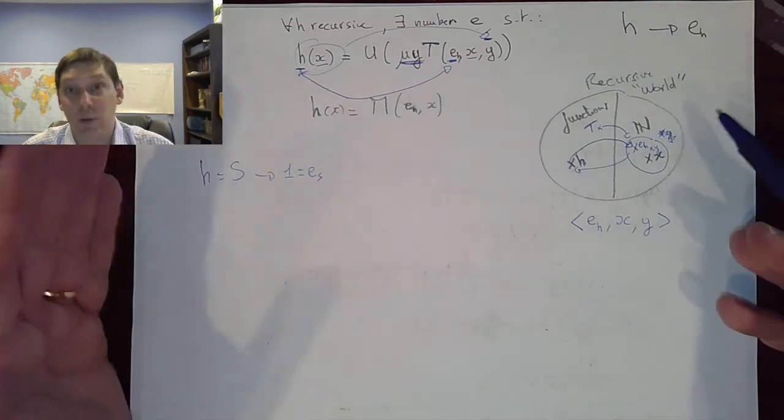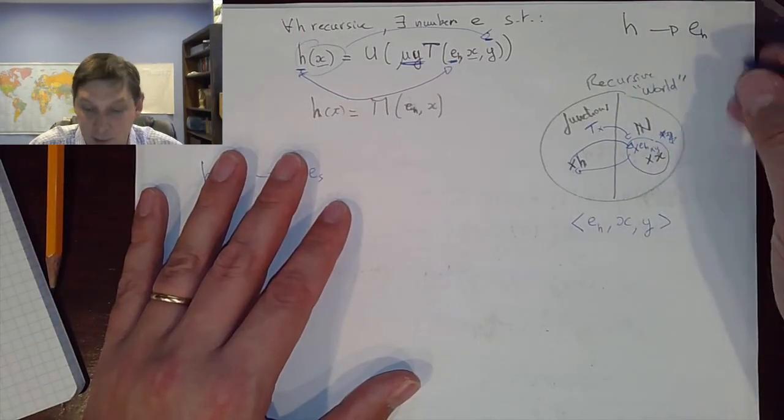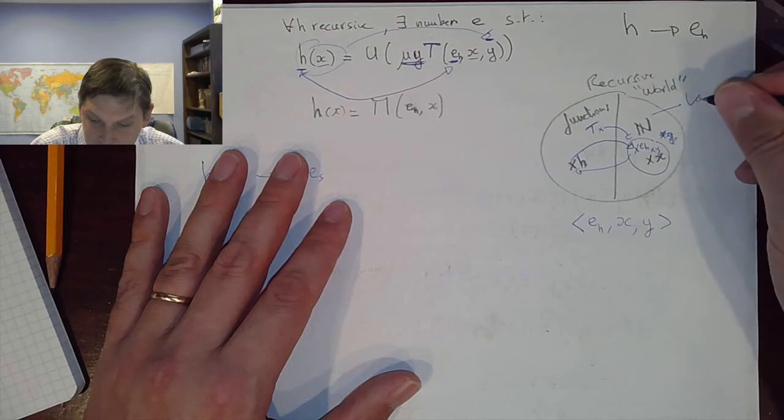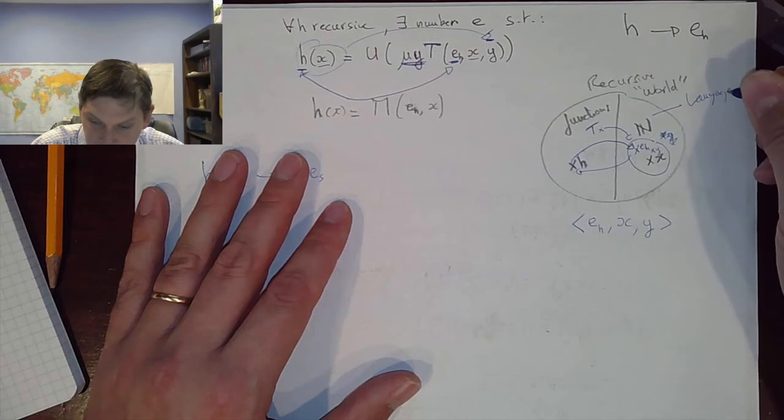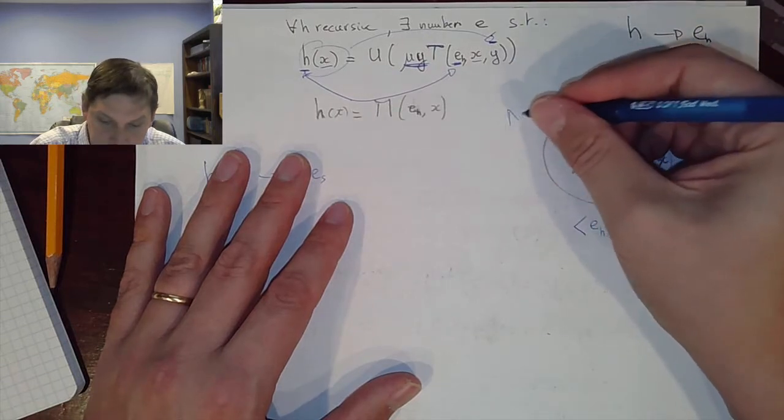And this is really what we're doing here, right? N is our language. That's the realm of the languages, right? The languages are here. And these are basically the machines, right?